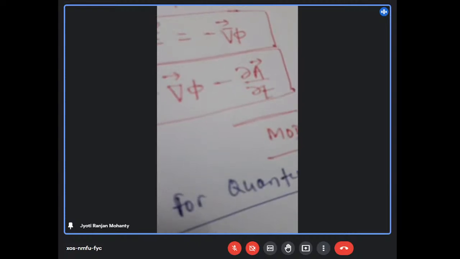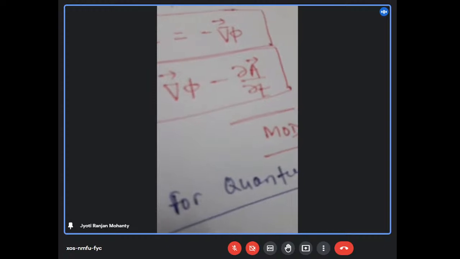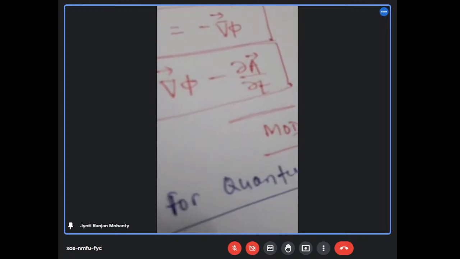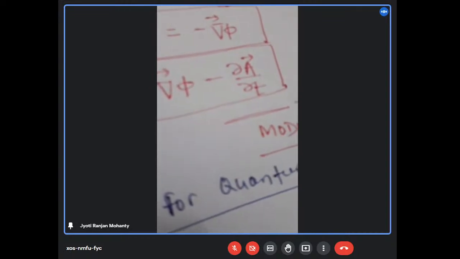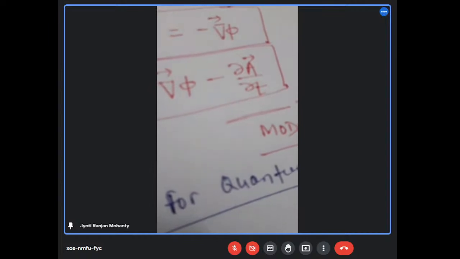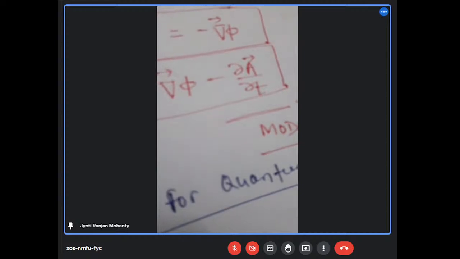Many physicists like Max Planck, Einstein, Niels Bohr, de Broglie, Heisenberg, Schrödinger, Dirac, Born modified the concepts of classical physics and gave the new revolutionary concepts.